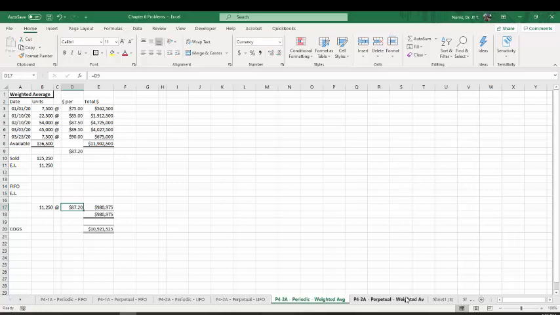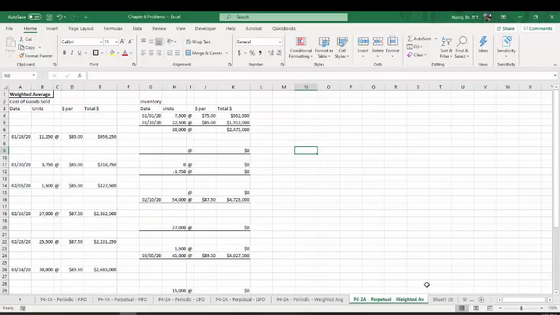All right. The same for the perpetual is every time we make a purchase. So we have here the beginning units that we started the year with of 7,500 units at $75 per. And then we have the January 10th purchase of 22,500 units at $85.